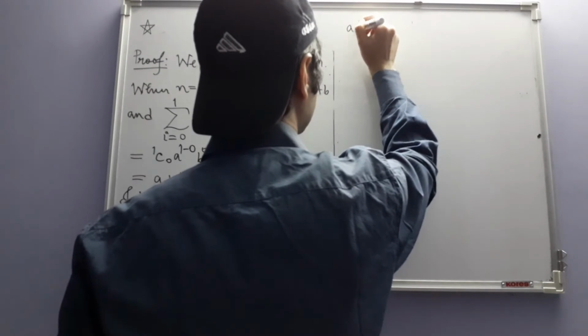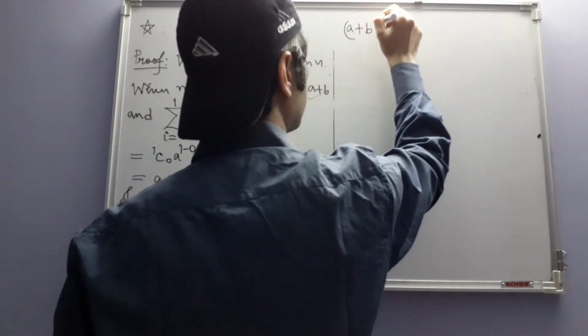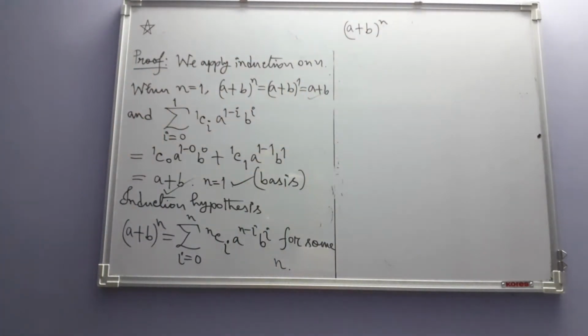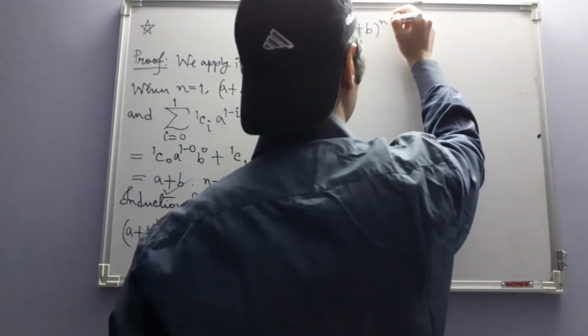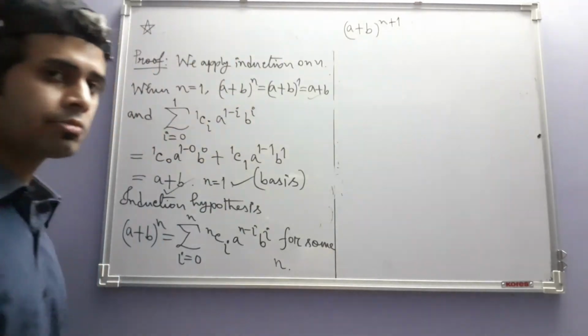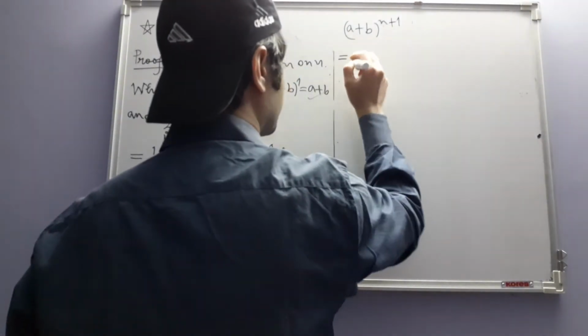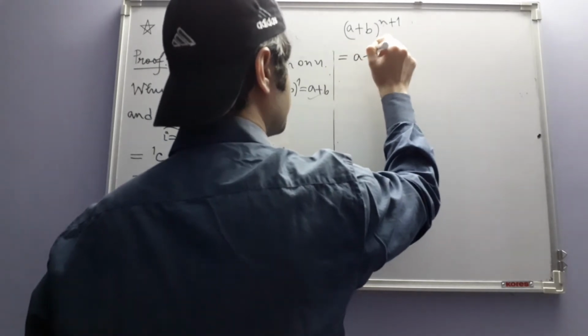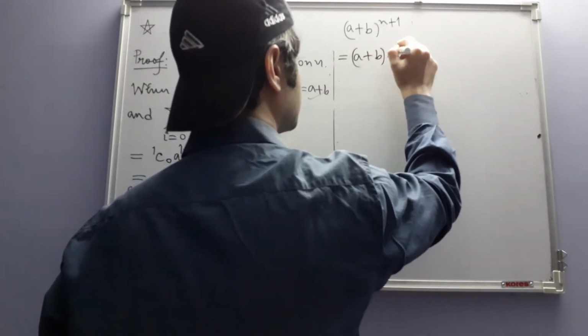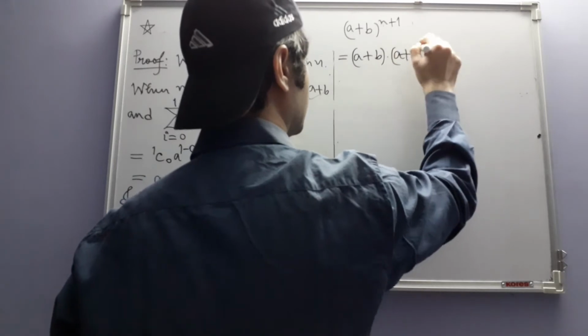(a plus b) whole to the power n plus 1. We are considering the case where we have n plus 1 in place of n. So this product can be written as (a plus b) times (a plus b) whole to the power n.